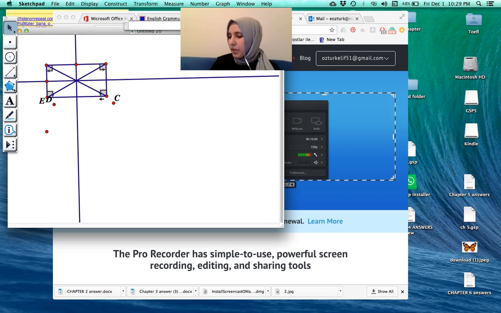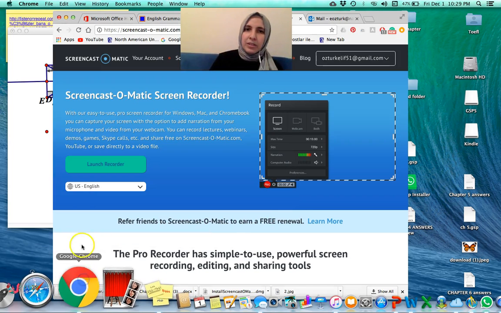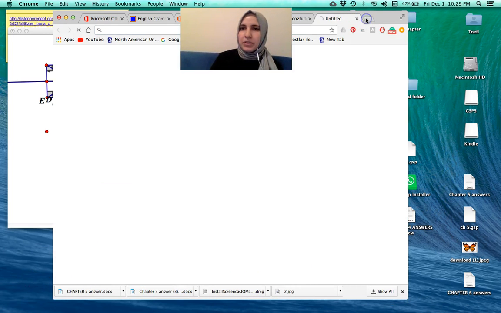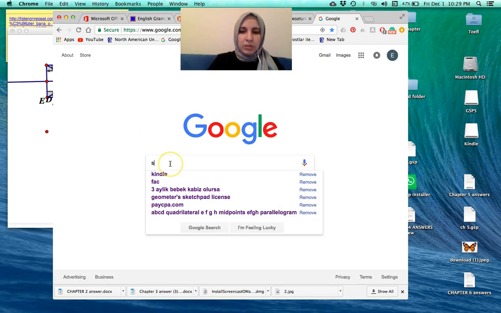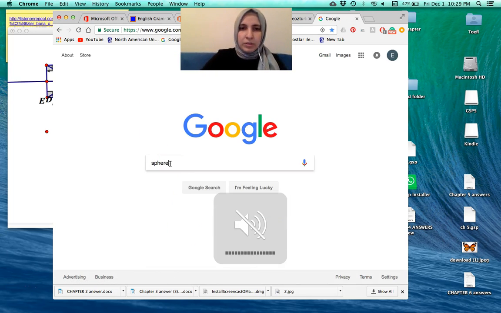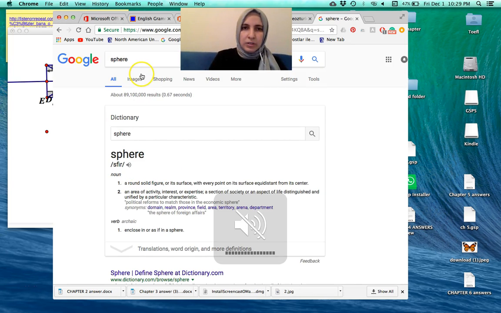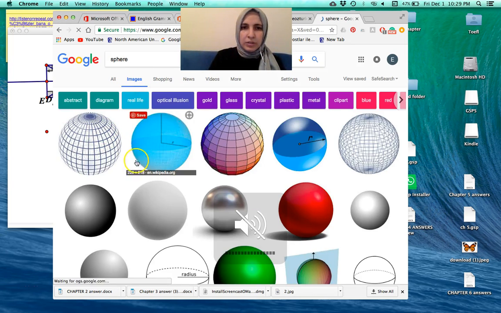Question 6. Find an image of a real-world object that would have more than one line of symmetry. Discuss how you would use the image with students. I think it can be the sphere, like one sphere from Google.